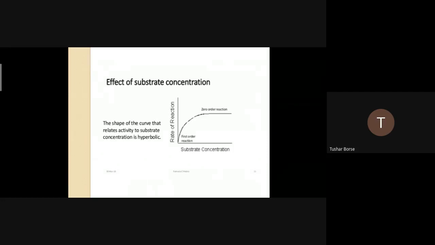As we see in the graph, when we plot rate of reaction versus substrate concentration, we get a hyperbolic curve, and we can see that after a particular point the rate of reaction is constant, even if the concentration of substrate is increased.